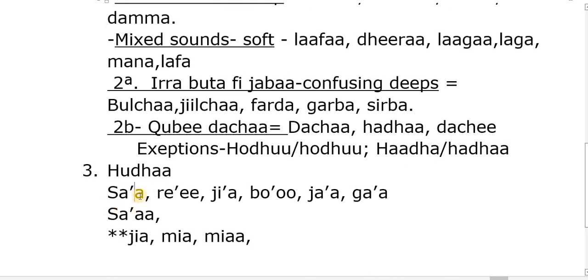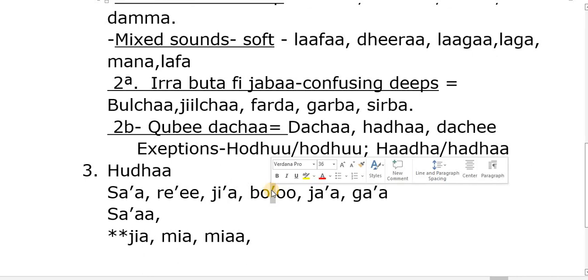So huda is important to bring that sound out of sa as sa'a, out of re as re'e. This one is GR, it's two different sounds. We don't need the huda there. Here for bo, if we have apostrophe, or any kind of mark that can indicate that O is a different outspoken sound, that's to indicate that.